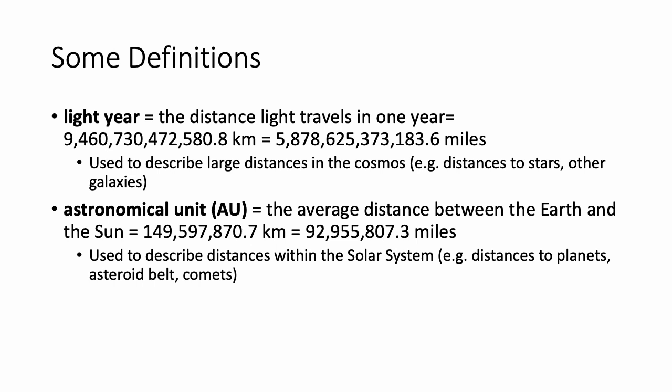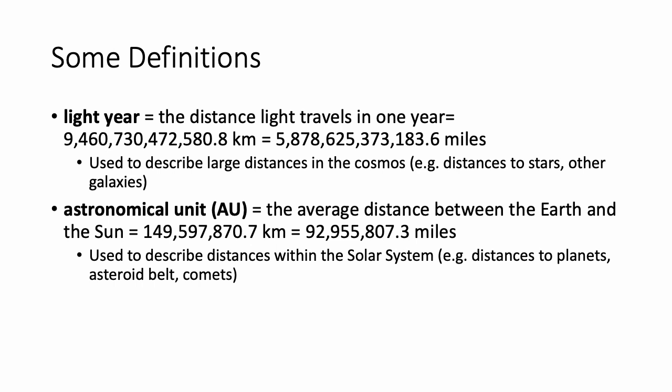This is necessary because there's a lot of space in space, and when we are talking about distances to even nearby stars, using a kilometer or mile, as you can see, becomes very burdensome. And so a light year is a great way to describe these really large distances.